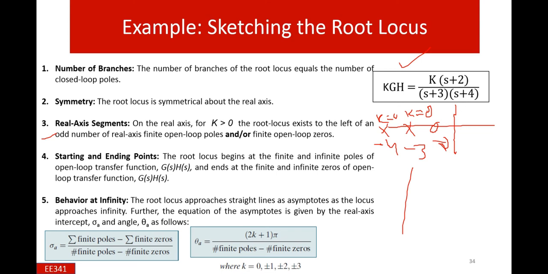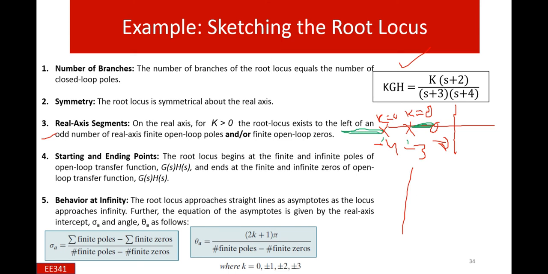If it is odd, it means this line segment lying between these 2 points is a root locus line. And similarly, for this pole and this pole, there is no root locus line between these two poles, and the other line lies in this region.